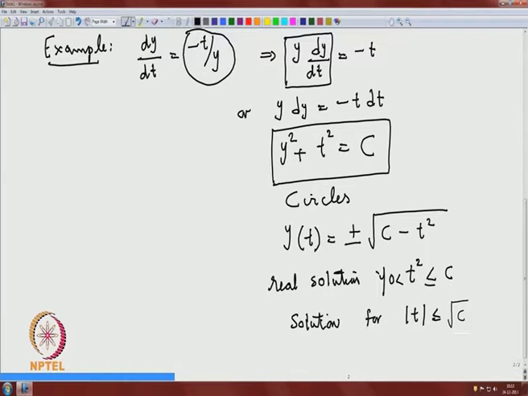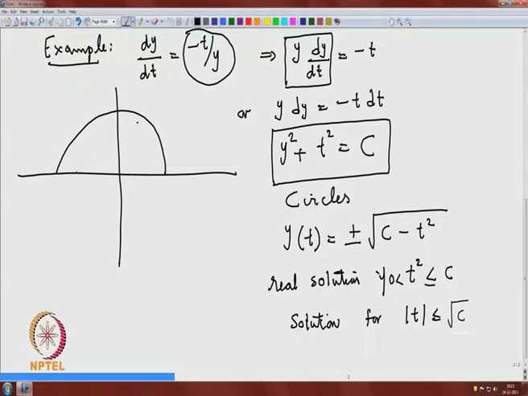If you are trying to plot these curves, you have to branch. This will be more clear if you have a point here. These solution curves are something like circles, these are circles actually. So, you have solution curves like this, and similarly you will have solution curves from here.